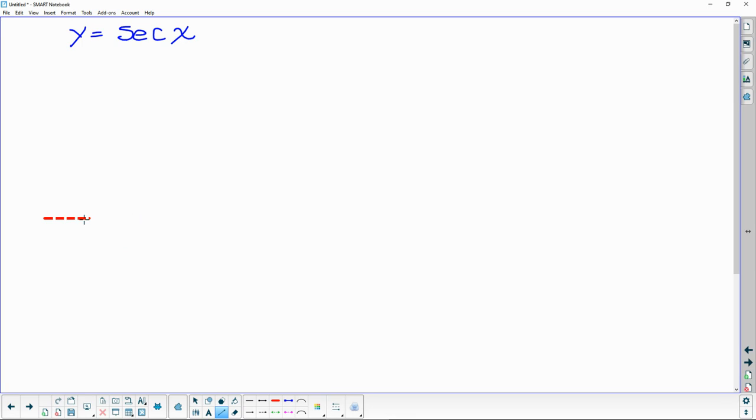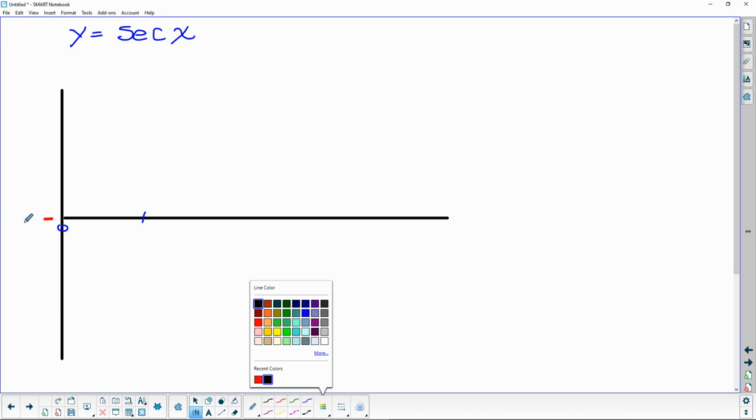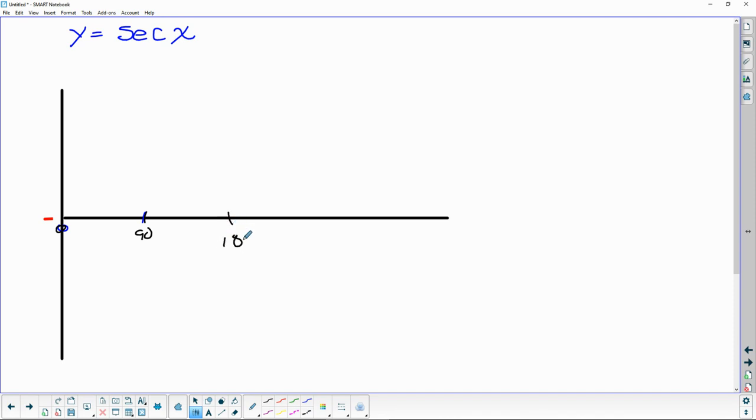First we draw a graph setup, with 0, 90, 180, 270, and 360. With the cosine graph, we know that it goes up to 1, 0, and then -1.